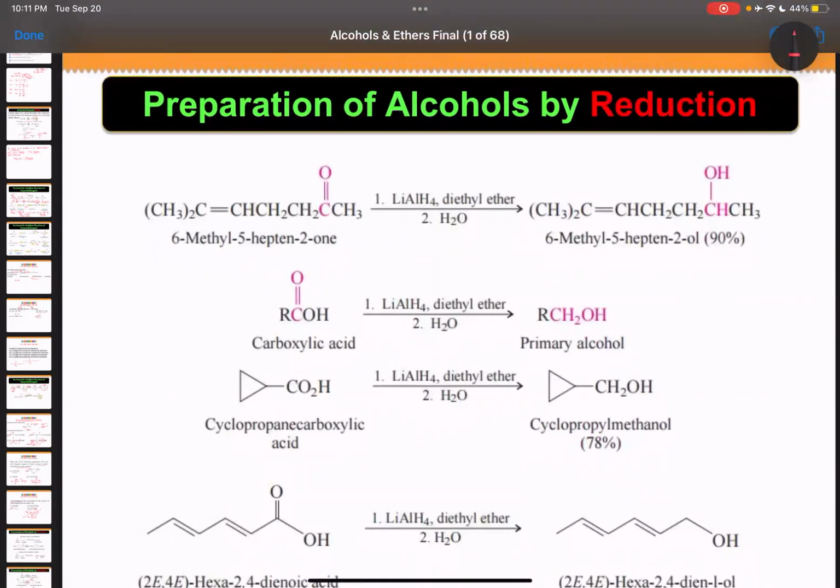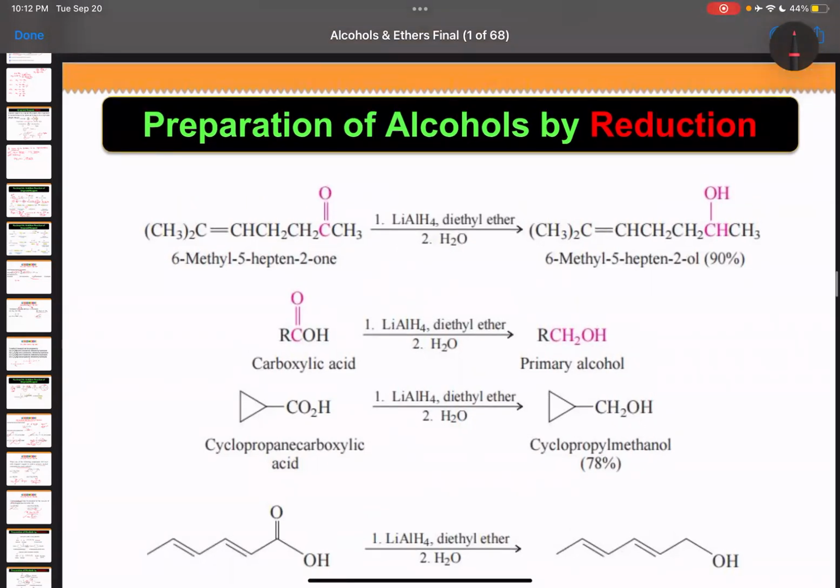Yeah, they are hydride donors. They are different kind of reducing agents. They give H minus, so that is a nucleophilic addition reaction, right? And both LAH and NaBH4 will not reduce the alkenes and alkynes.